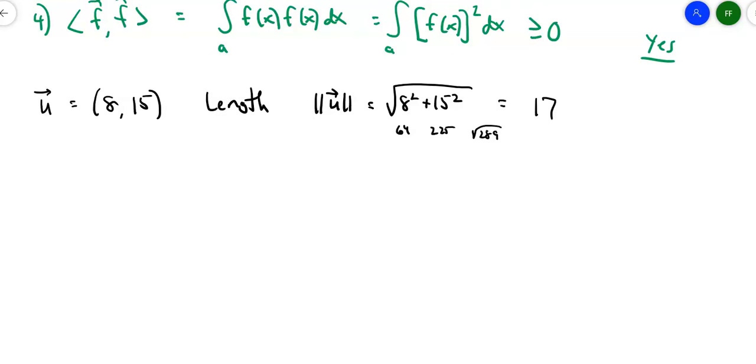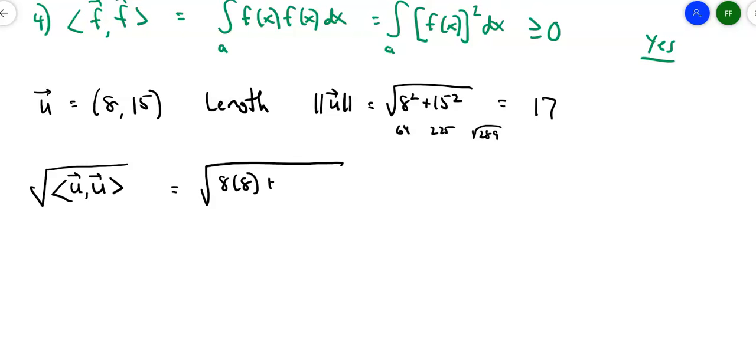What if I did this? What if I took the magnitude of the vector by taking the inner product of the vector and itself and then taking the square root? So using the Euclidean inner product formula, this is 8 times 8 plus 15 times 15.